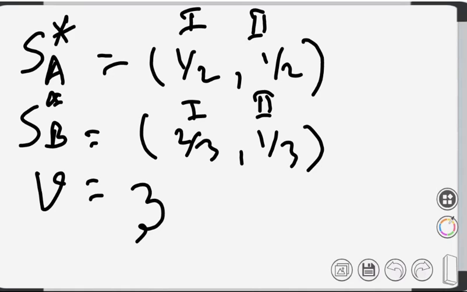If it's a 2x2 game, then we can directly use this particular formula and find out SA star, SB star, and the value of V by putting the values in the proper place. If more than two strategies are there, then we have to do something else. We'll discuss that in the next class.